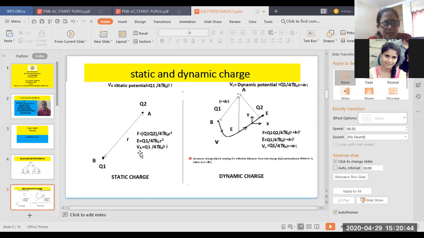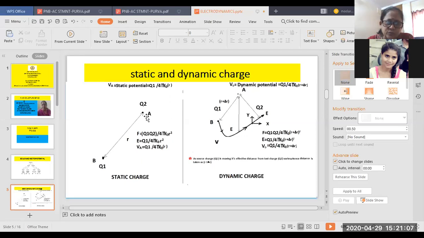If you know the potential, you can calculate the electric field. What is the electric field? Q1 divided by 4 pi epsilon naught r square. If you know E, then finally you calculate F. F is nothing but the test charge times the electric field at the point of observation.